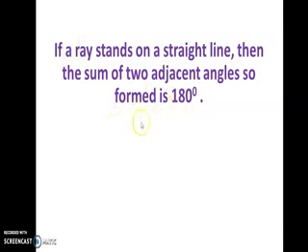What this axiom states: if a ray stands on a straight line, then the sum of two adjacent angles so formed is 180 degrees. Now let us see how to make the converse of the given axiom. Children, now you have to answer some of my questions. Here, what was given in this axiom? A ray stands on a straight line. This is the given.